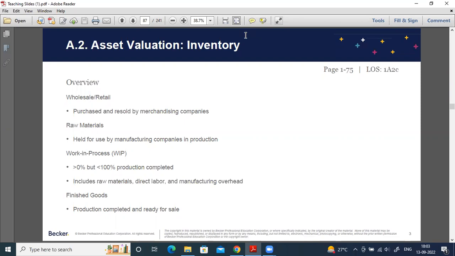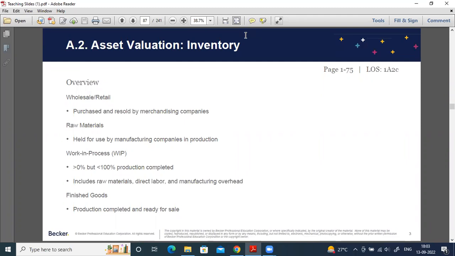nothing but this raw material is something which is related to the manufacturing companies. They will purchase the raw material and they will process it and they will be selling the finished goods. Work in progress. So here work in progress is nothing but the intermediate stage. It cannot be considered as raw material as well as the finished goods.